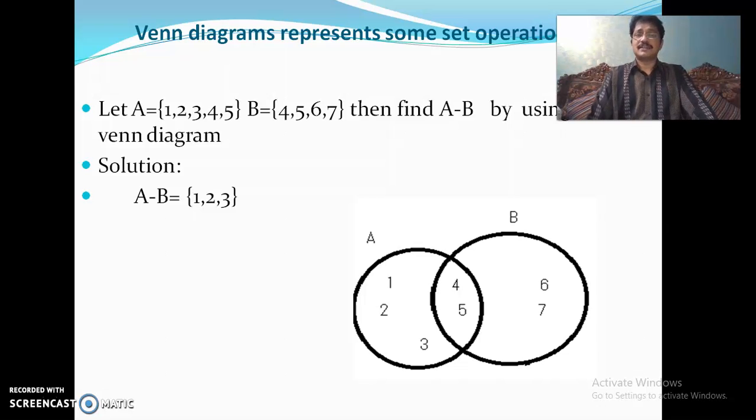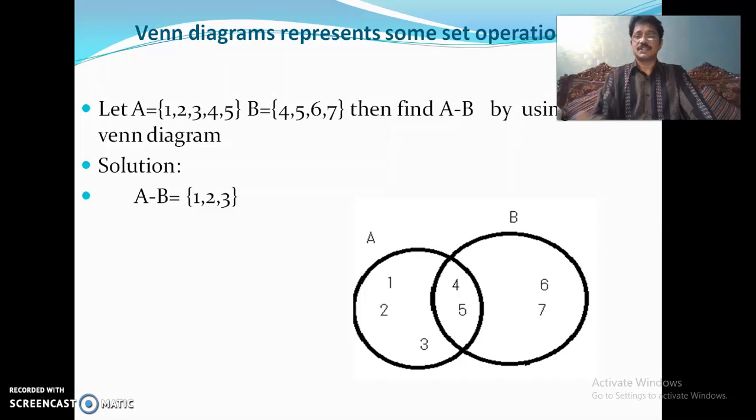Both have common elements, hence the two circles are intersecting and have a common area. So 4 and 5 lie in the common region. 1, 2, 3 belong to A only and 6 and 7 belong to B only. From this Venn diagram, you can write all the operations and other things also.